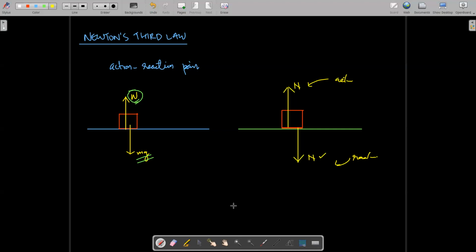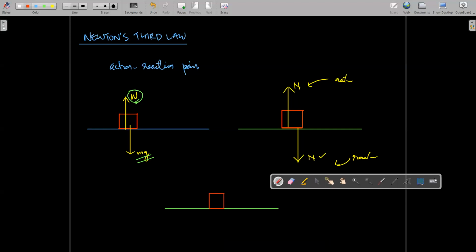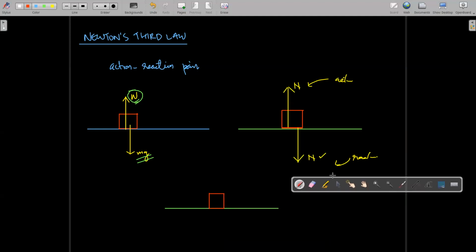And what about this one? What about mg? Let's take that as well. Inclined plane again, sorry, plane again, and you keep the object right here, and there is force due to gravity that is acting downwards, whose value will be m times g.